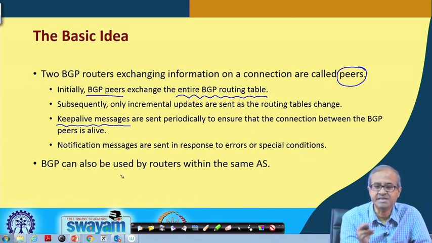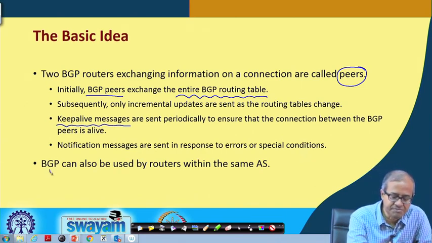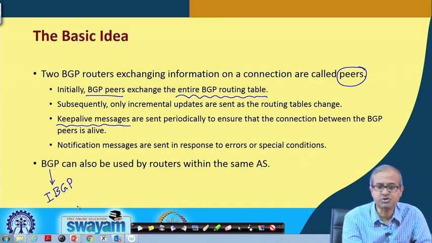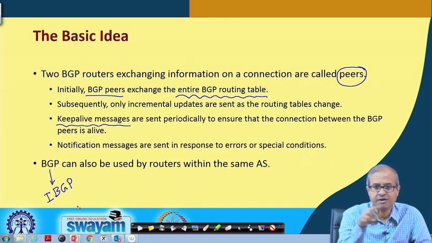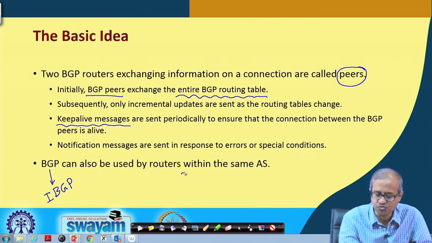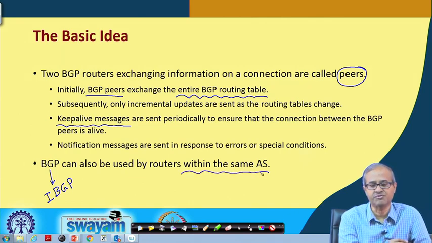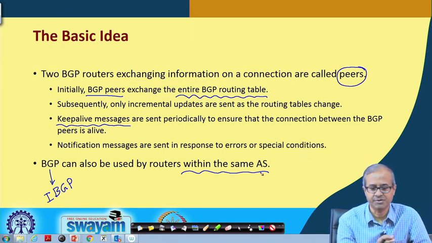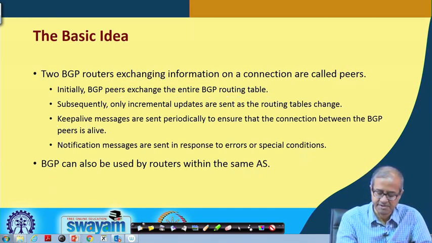As I mentioned, there is a version of BGP called internal BGP, or sometimes in short IBGP, that can also be used by routers to update their information within the same autonomous system, just as a substitute of OSPF, let us say.